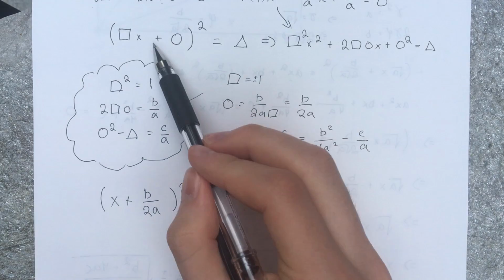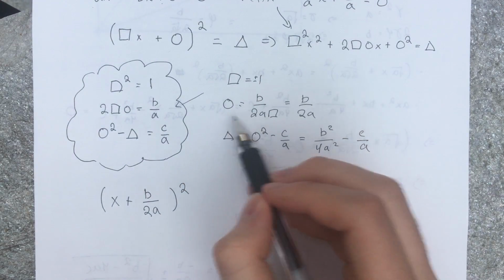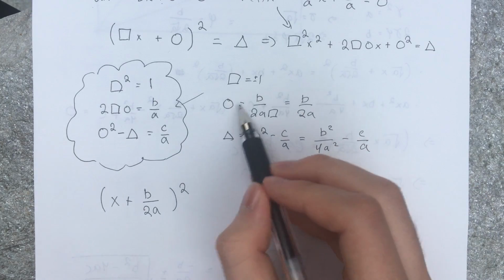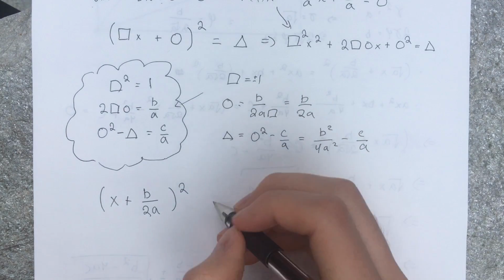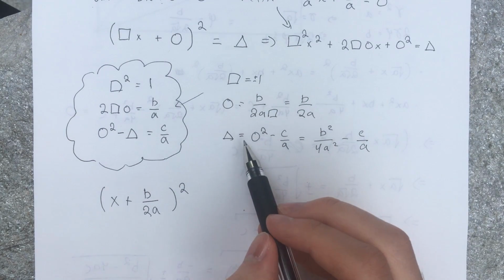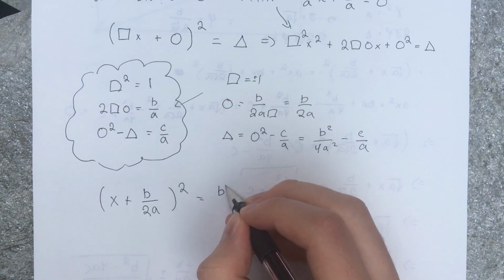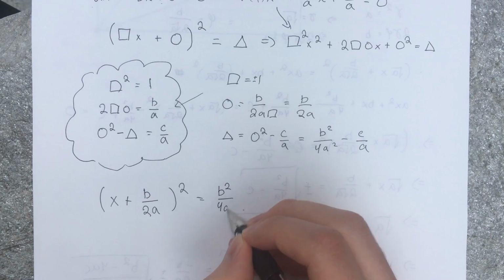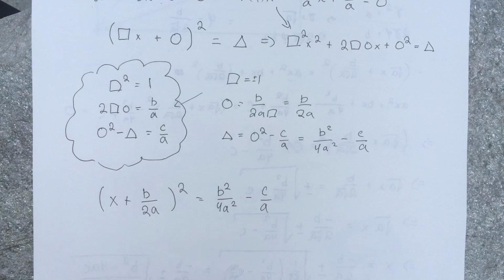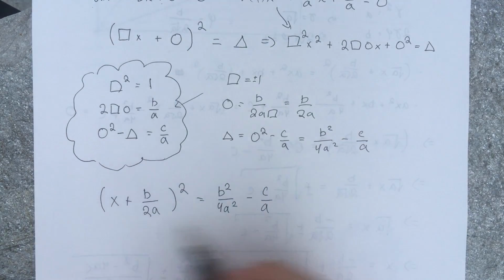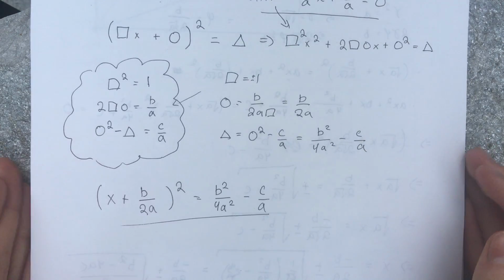But since we have a plus here, we're just going to keep the plus sign so everything looks nice when we solve for this one. So we don't have to make this one, the circle, minus, if that makes sense. So here, after doing this, triangle is equal to b squared over 4a squared minus c over a. And this equation right here is equivalent to what we had before, which is great.